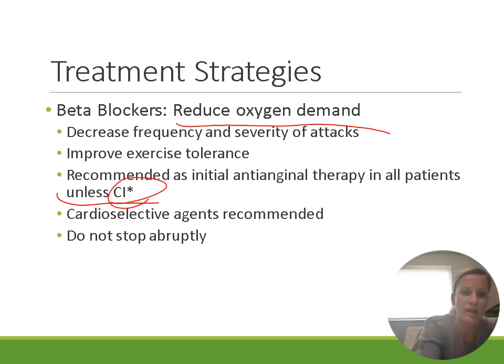So let's talk about when a beta blocker would be contraindicated. Severe bradycardia, these lower heart rate. So if your patient has severe bradycardia, you cannot give a beta blocker. Patients with diabetes, peripheral vascular disease, and asthma, they're not necessarily contraindicated, but they have to be monitored closely.